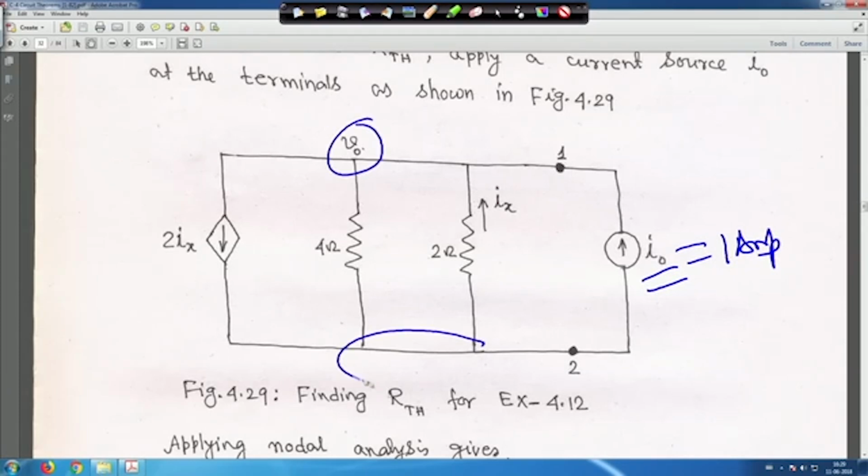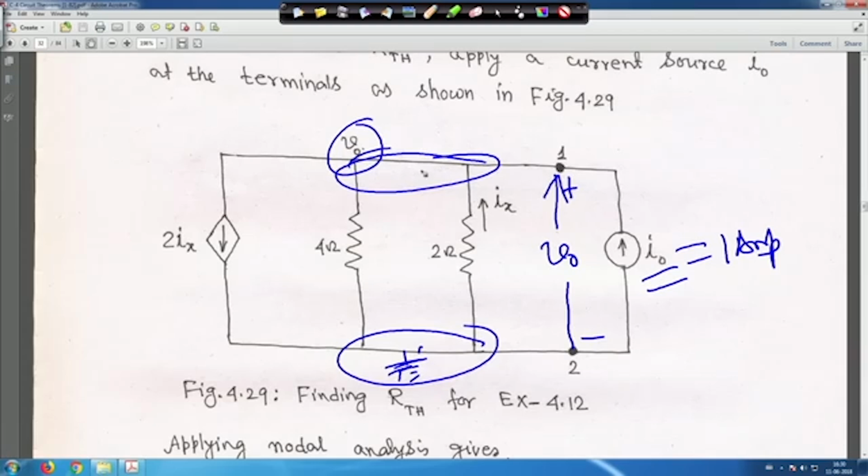If you take this as ground, and this voltage is V0, with the arrow meaning plus and this minus, and this one is a common node because no electrical elements are connected here.